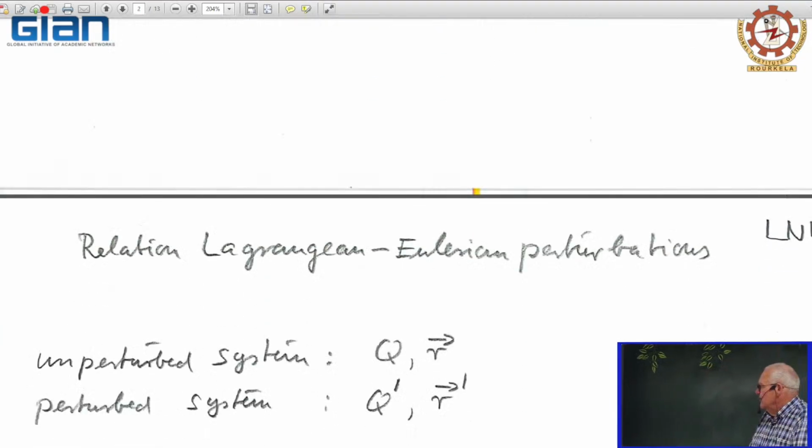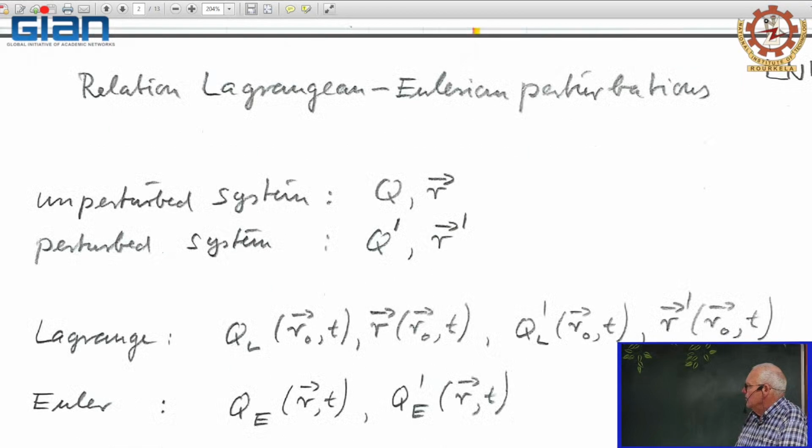Okay, so we consider now not only two systems with two different descriptions, but we also have, in addition, an original system and a perturbed system.